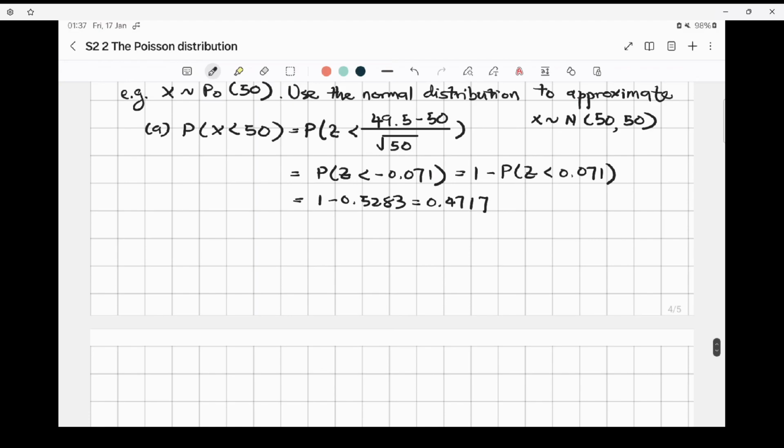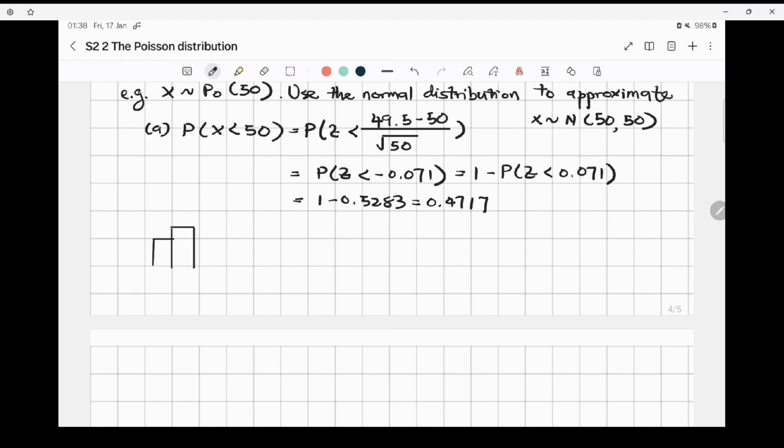So let's say you don't know the procedure. Basically, for the continuity correction, you need to look at this. Let's say these are the bars. Because this is a discrete probability distribution, 49 is over here.